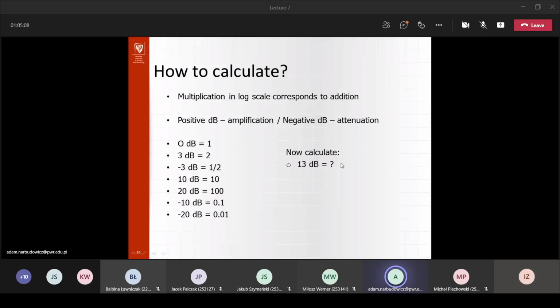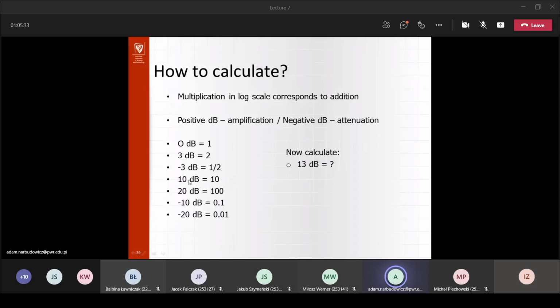So if I ask you quickly to calculate 13 decibels in a linear scale, how you can do that or how much it would be? Okay, so bear in mind, this is really very, very quick. So typically, you can express 13 as a sum of 10 plus 3, right?